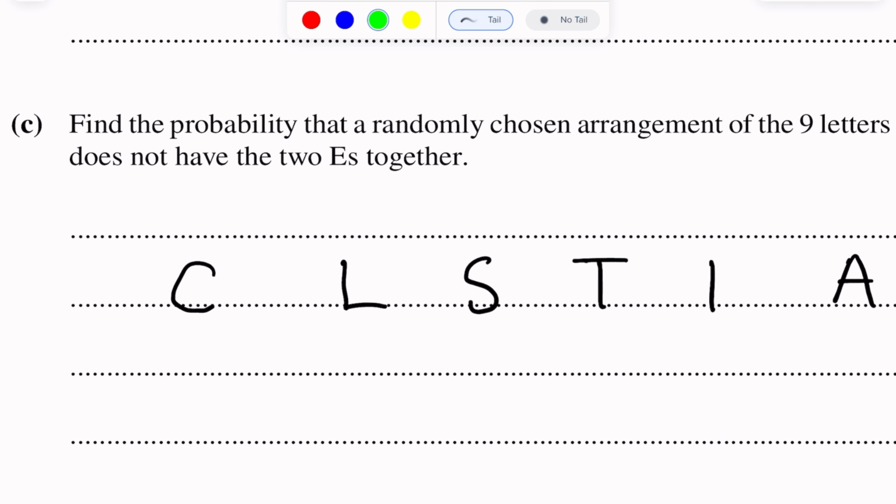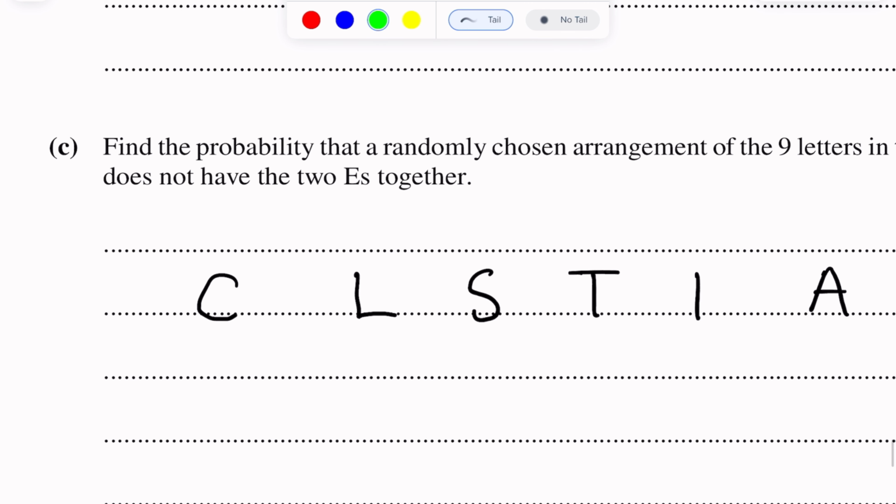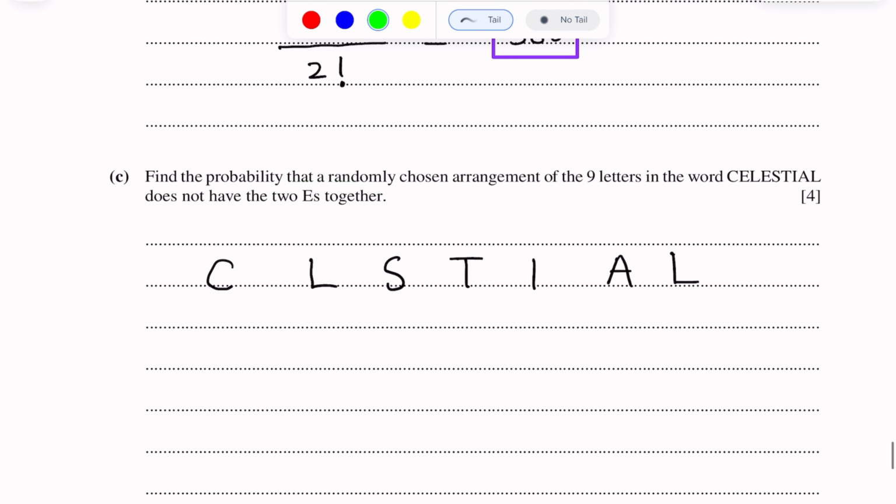We have to find the arrangements that do not have two E's together. So we can adjust these E's in these places. Two E's in any two places, we can adjust two E's. So we mark it in red: 1, 2, 3, 4, 5, 6, 7, and 8.